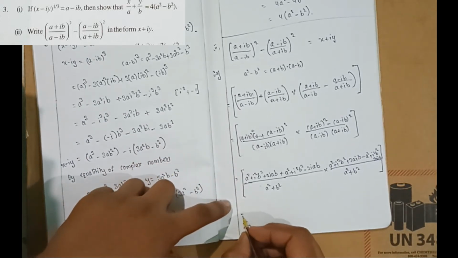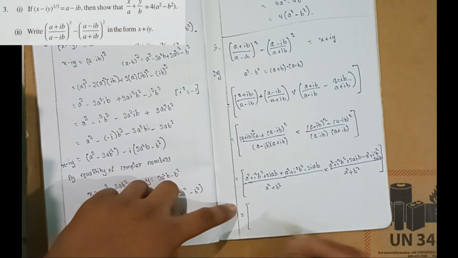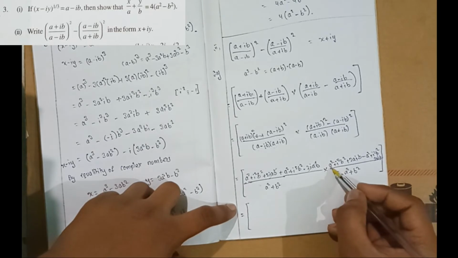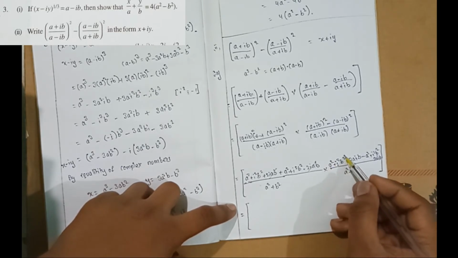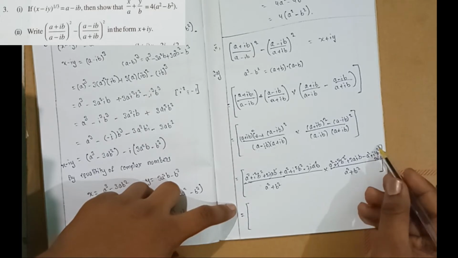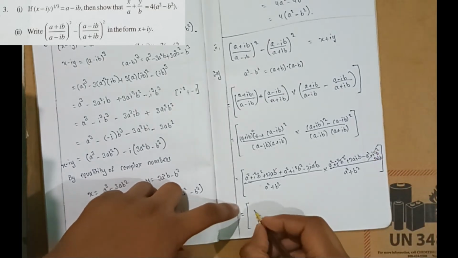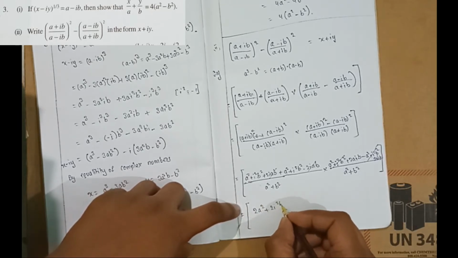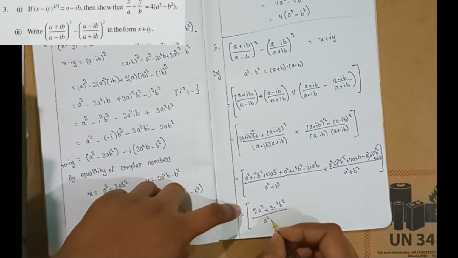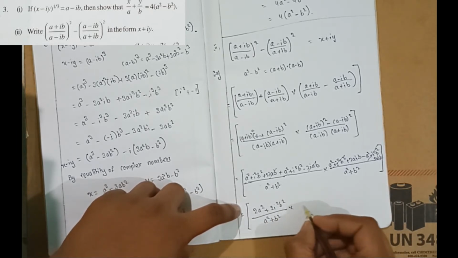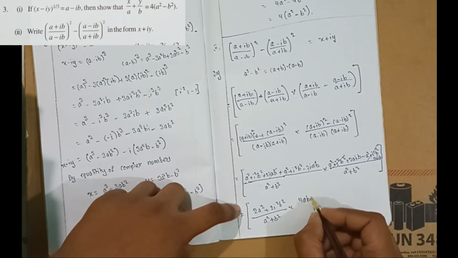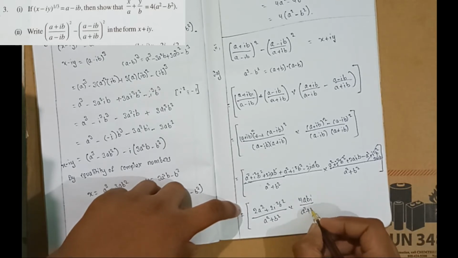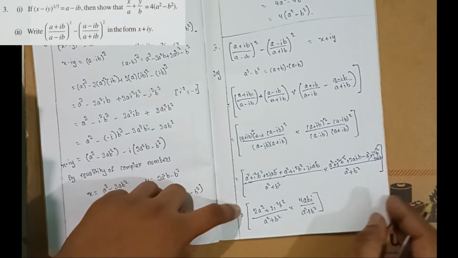Now this plus 2iab minus 2iab, and this a square plus i square b square and minus a square plus i square b square will also get cancelled. The remaining things are 2a square plus 2i square b square by a square plus b square, into 4abi by a square plus b square.